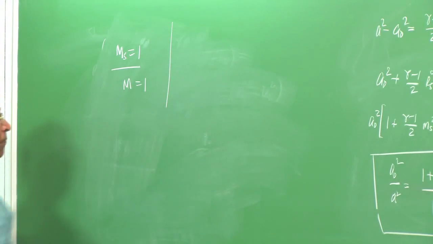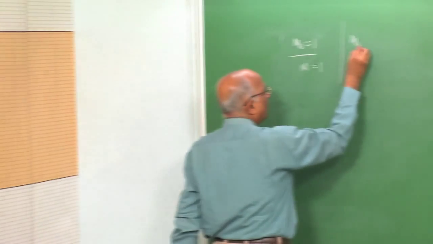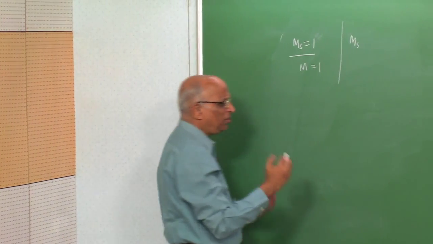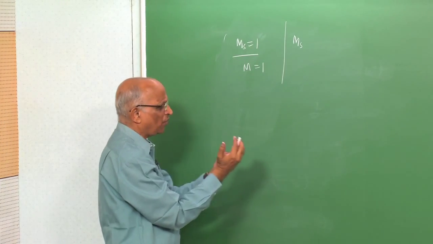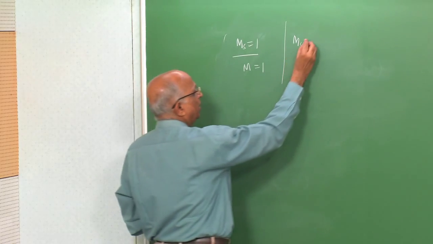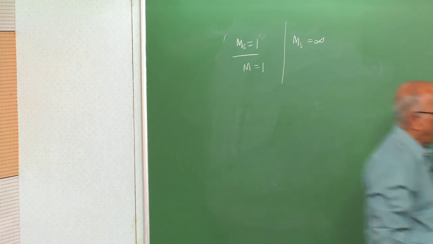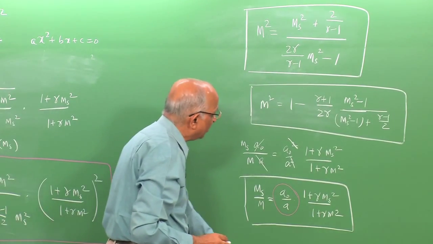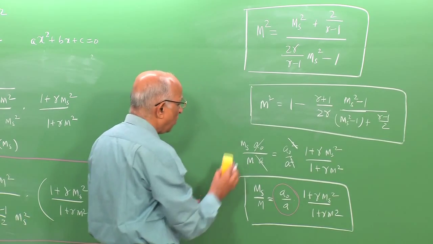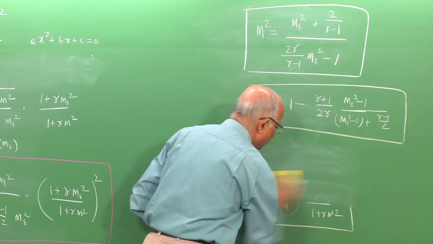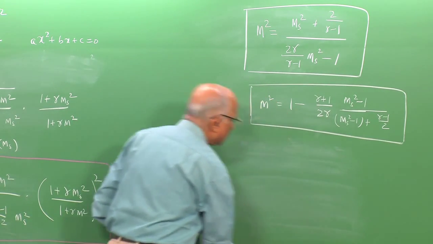On the other hand, let us take the other limit: an extremely strong shock wave travelling at infinite speed. If Ms is equal to infinity, what is going to happen? Well, I cannot get infinity here, therefore I slightly modify this equation. I want to put it in terms of 1 over Ms square, because then I can put a 0 over here. What do I do?